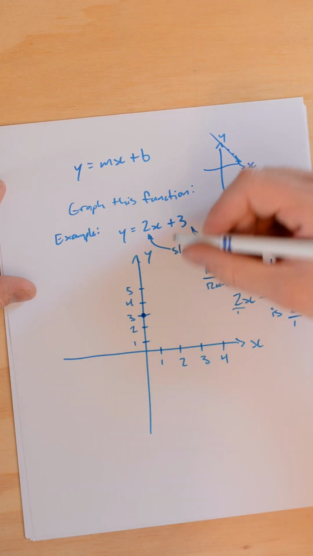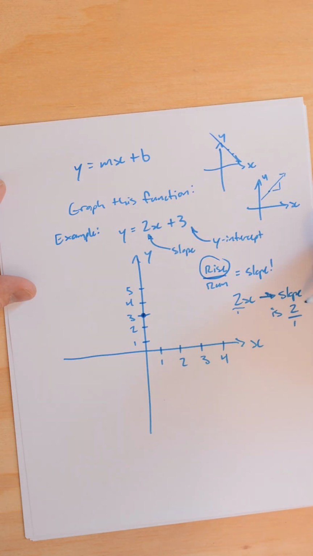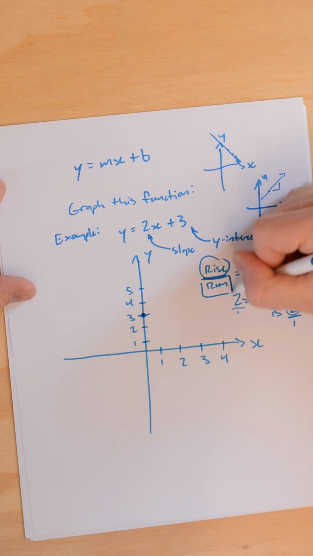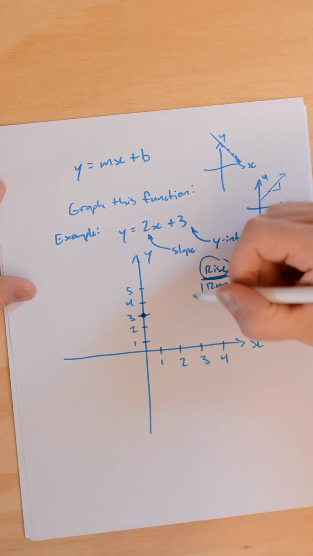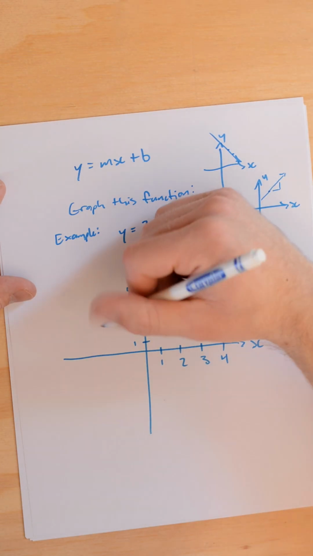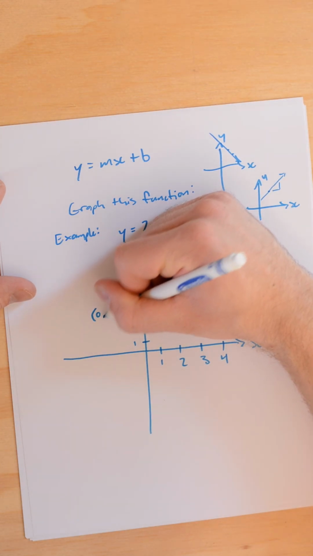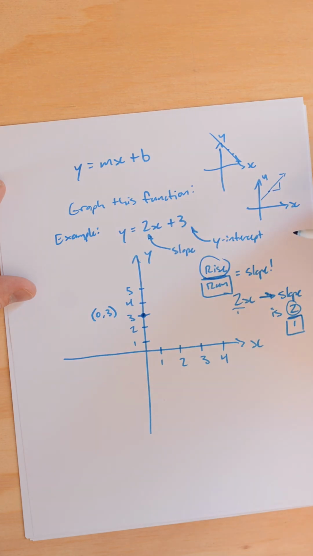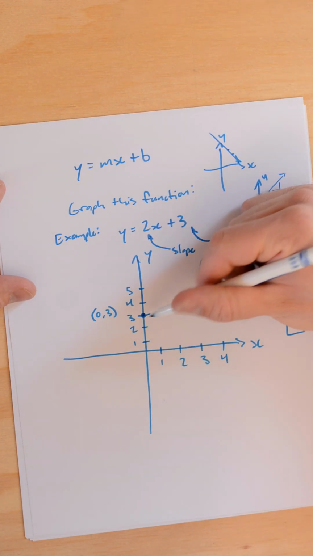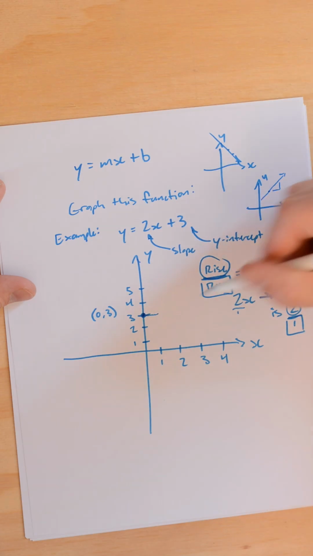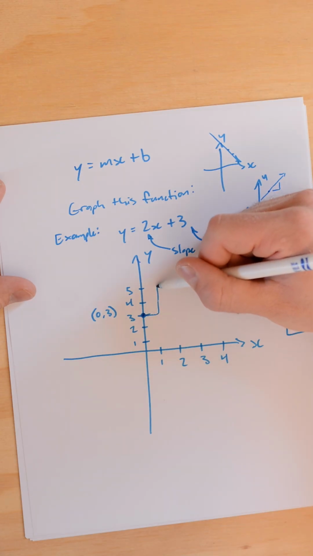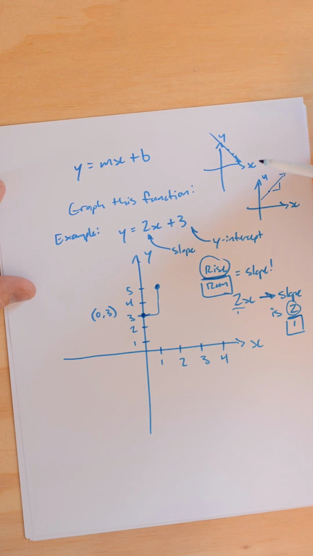Which means the rise is my 2, and the run is my 1. Think about where we started. The first point was (0, 3). That's our y-intercept. So if I started at 0, my run means I'm going to go over 1. And my rise says I'm going to go up 2: 1, 2. That's my next point.